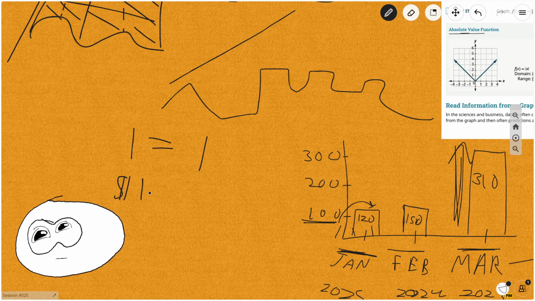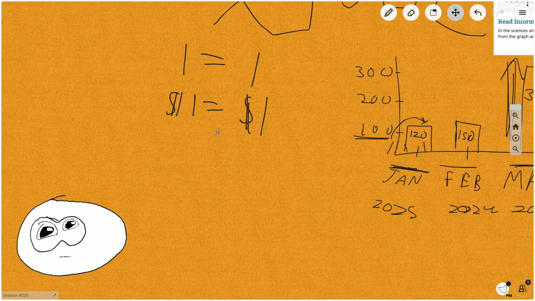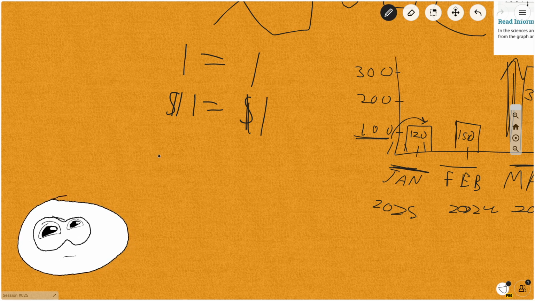Guess you could say $1 equals $1. And you can't really do a currency change because that's subject to change. You can't do assets. I guess like a bond. Bonds.